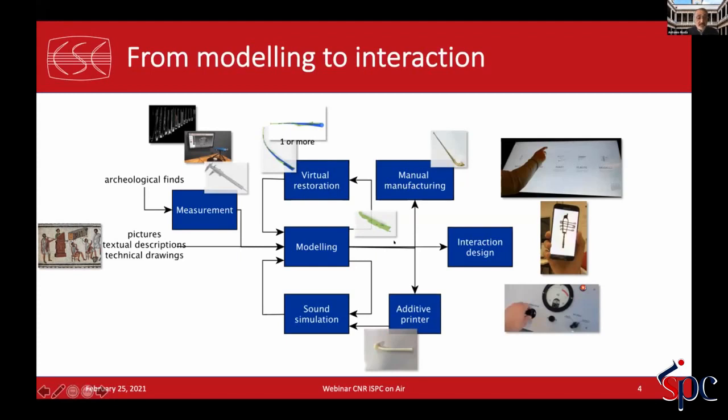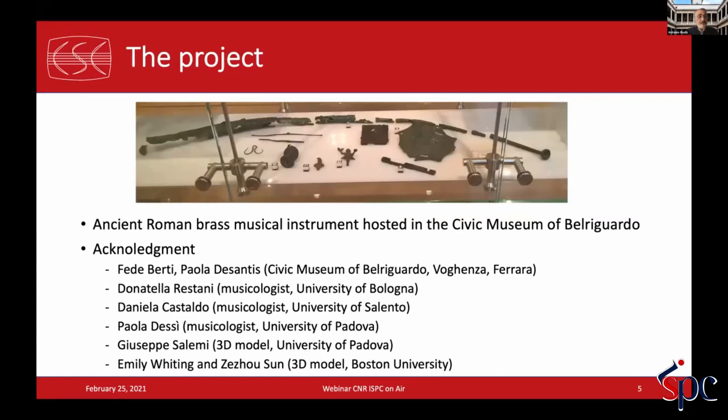The three-dimensional model can also be used as a guide for a craftsman to construct physical copies of the instrument, or more easily, a physical version of the model can be directly obtained by an additive printer. Finally, the large amount of data and knowledge coming from this process can be used to design novel approaches for enhancing the access to these instruments by scholars and the general public.